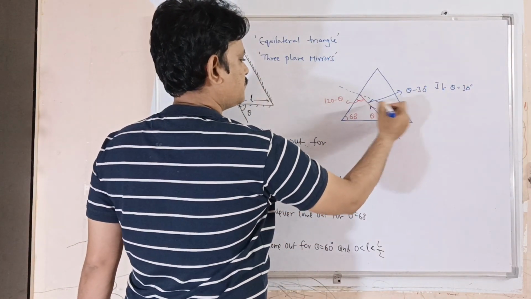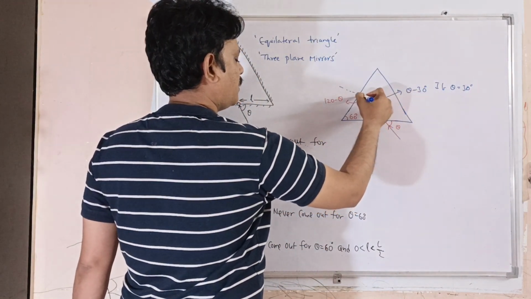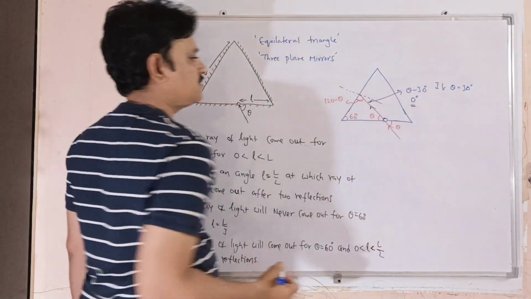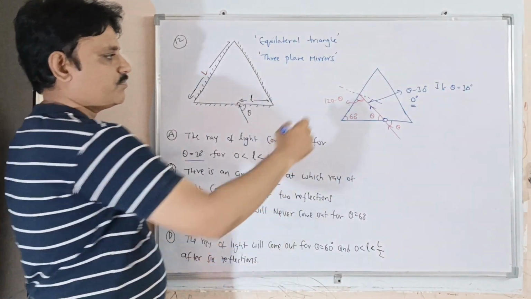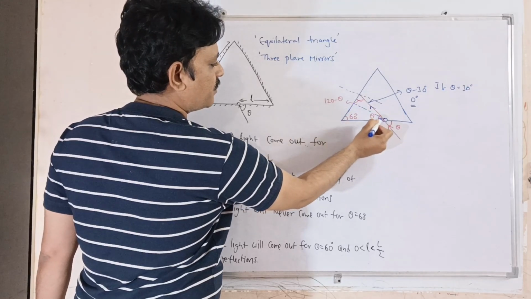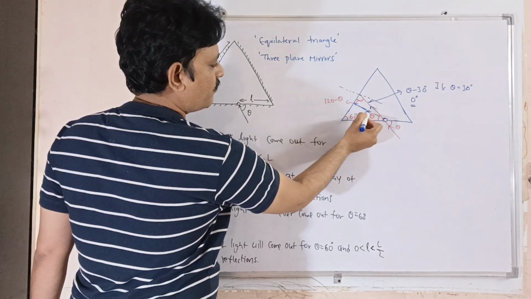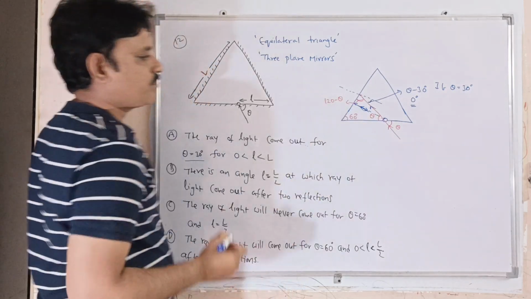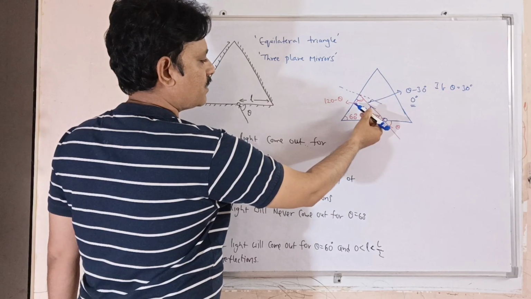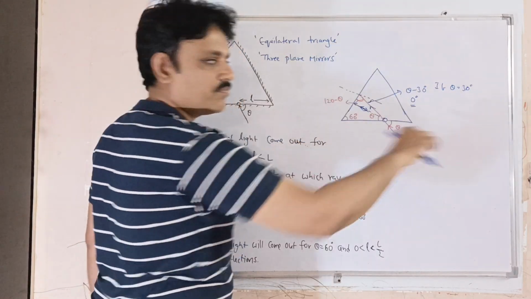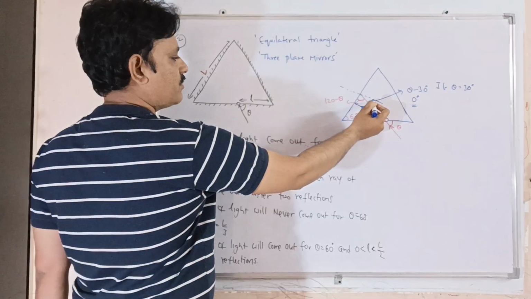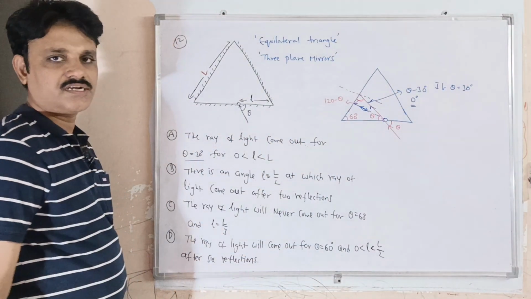Theta equal to 30 degrees means the angle between the normal and the light ray is 0 degrees, theta minus 30 is 30 minus 30. What does it mean? The light ray goes straight into the region, and again it will come back. This is the path actually. The light ray goes directly to the structure and comes back along the same path, because the angle made with the normal is 0.